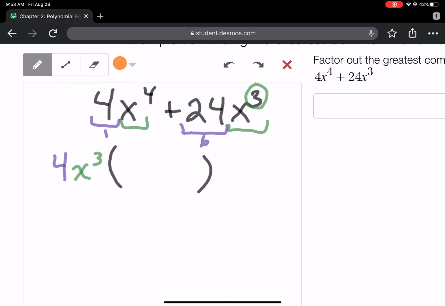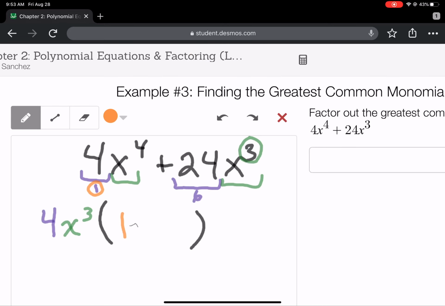If I take out a 4 from this term, I'm going to be left over with 1, because 4 divided by 4 gives me 1. And if I take away 3 of these x's from this x to the power of 4, I'm only going to be left over with just 1x, x to the power of 1.